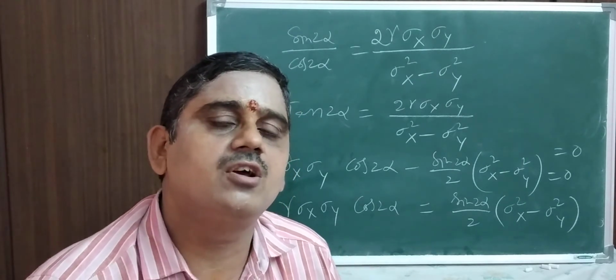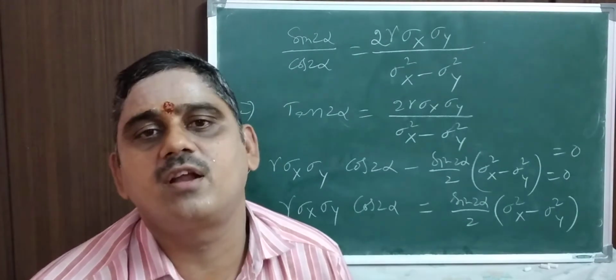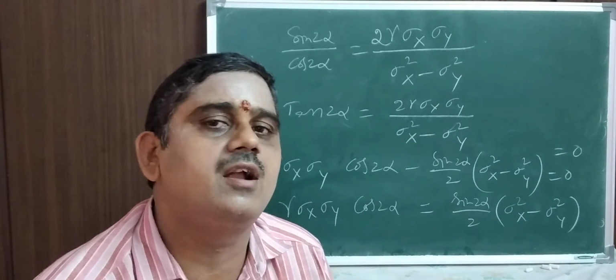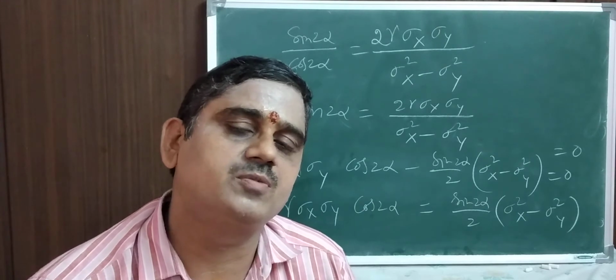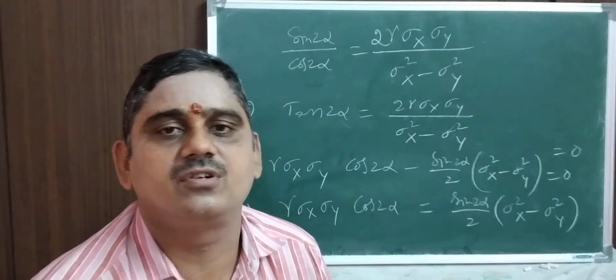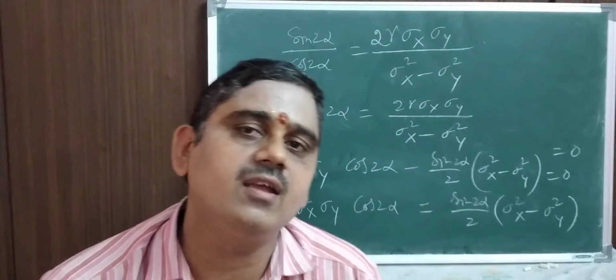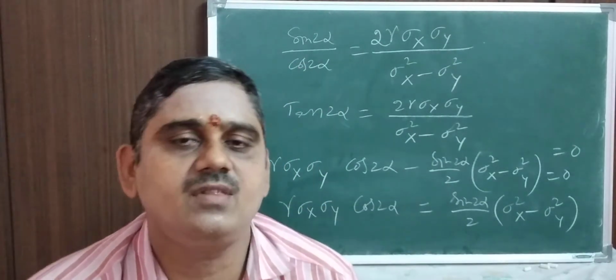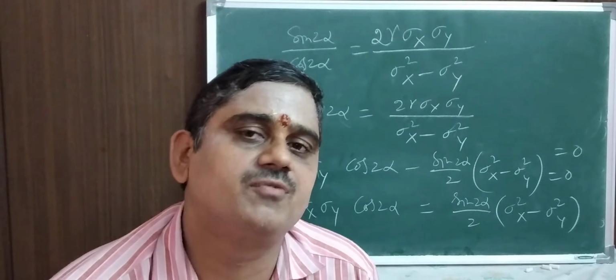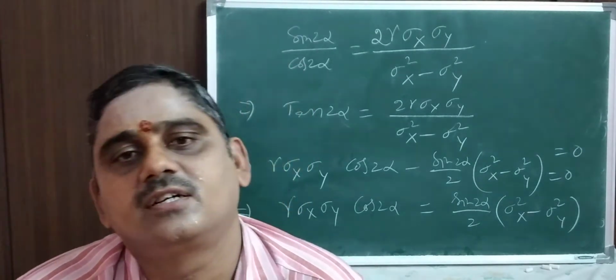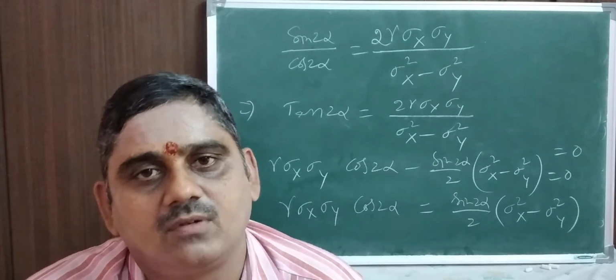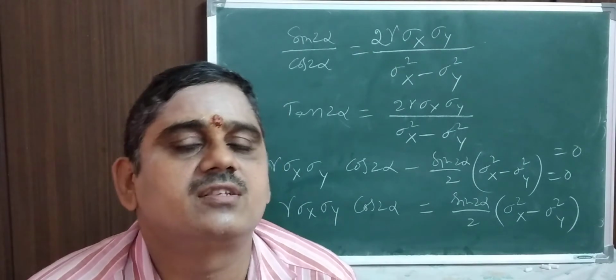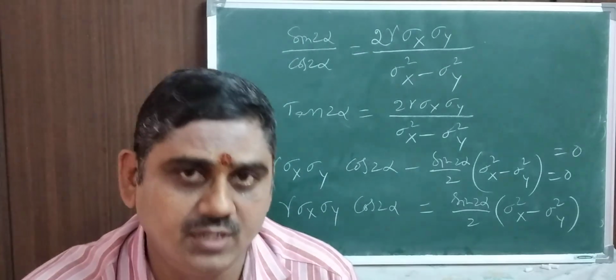Then we calculate u and v, substitute u and v, and calculate expectation of u and expectation of v. Then we convert all the values in terms of x and y, and with the help of the result that covariance of u and v is equal to 0, you will get directly to the result. Whatsoever the required result, we can obtain from this.